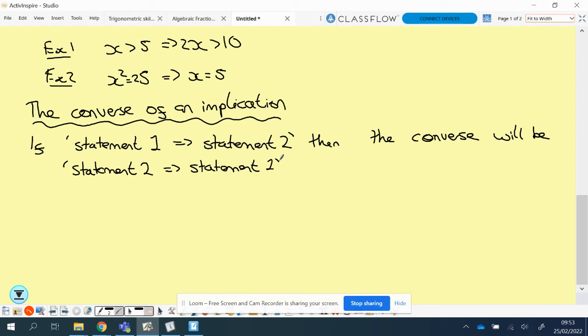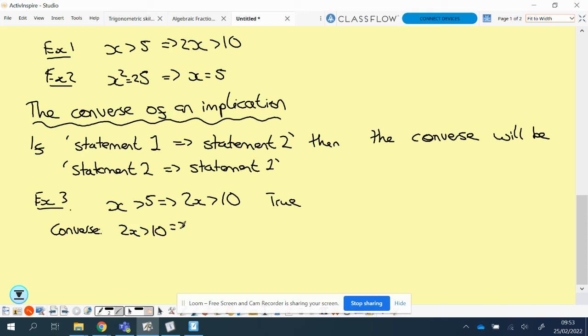Going back to our examples, example 3: if x greater than 5 implied that 2x was greater than 10, which we know was true, then the converse would be, if 2x is greater than 10, does that imply that x is greater than 5?